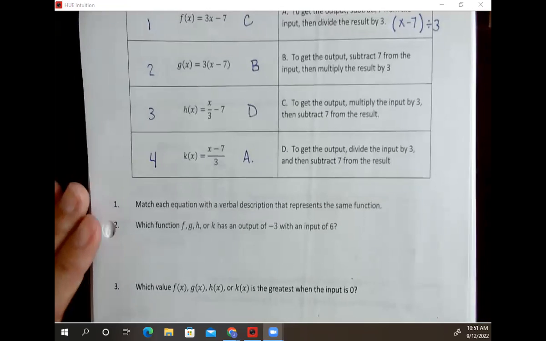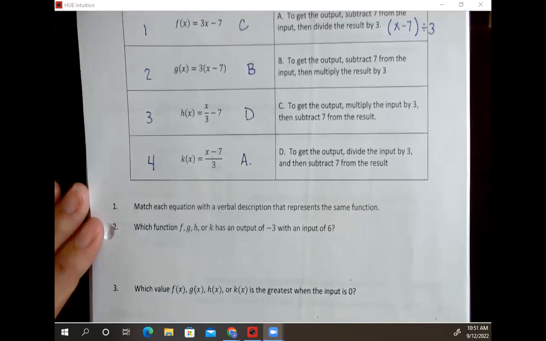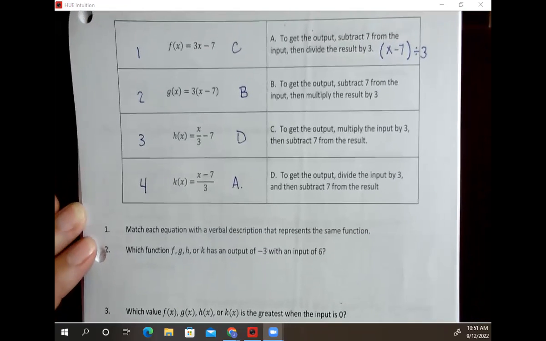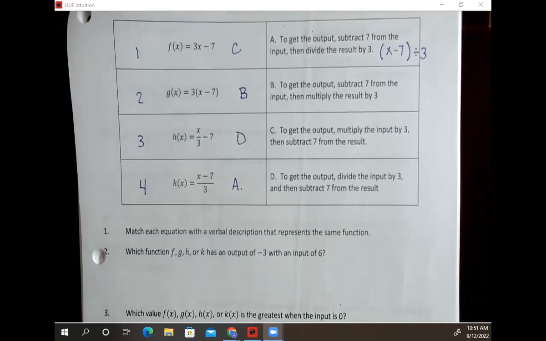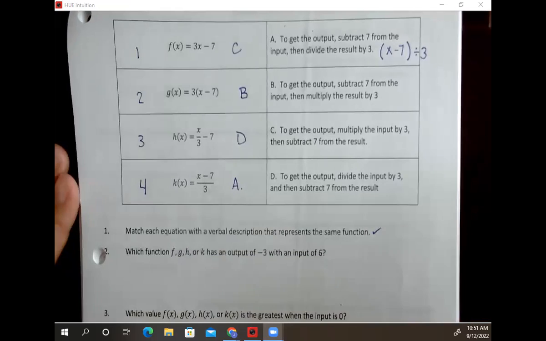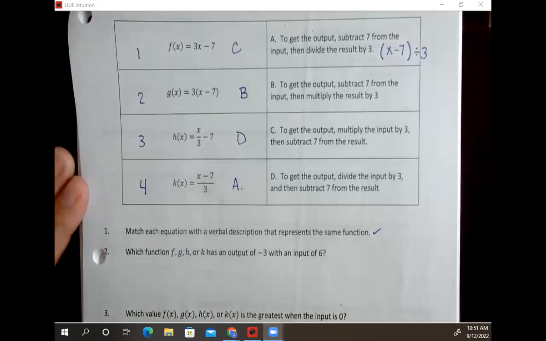So using the functions that we have here at the top of page 11, let's go back to our function notation and evaluate work from earlier. So we did this, we matched each function with its description. And now I'm asking you some questions about input and output for these different functions.